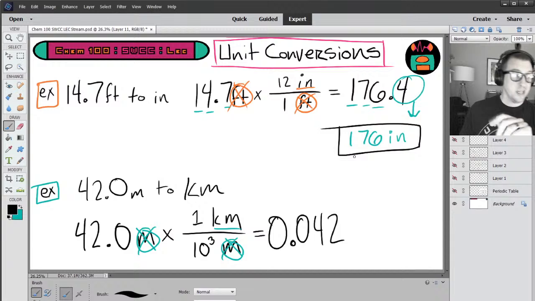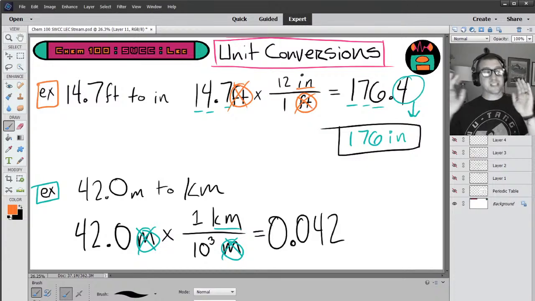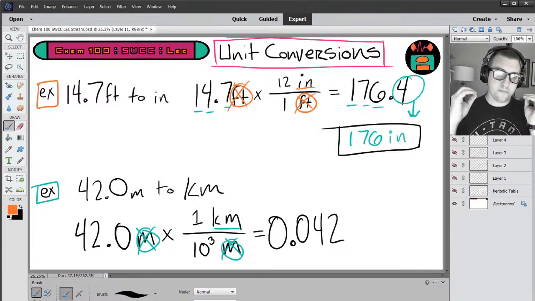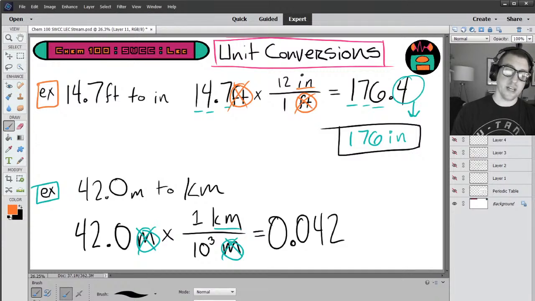The question is, does this have the right number of sig figs? Let's take a look. Because kilometers and meters are both part of the metric system, it's a conversion within the same system. This unit conversion will not limit my sig figs, all right? I just have to pay attention to the sig figs in my original number, and 42.0 has 3.